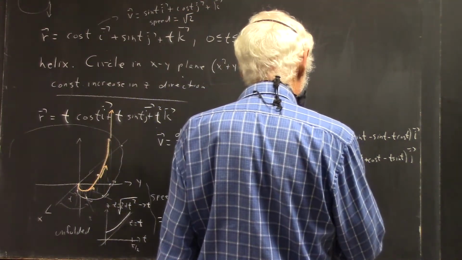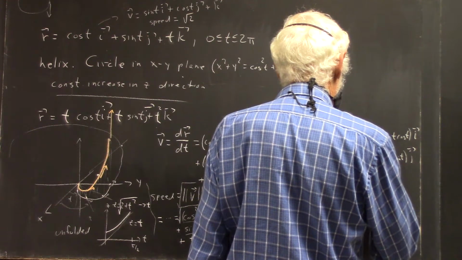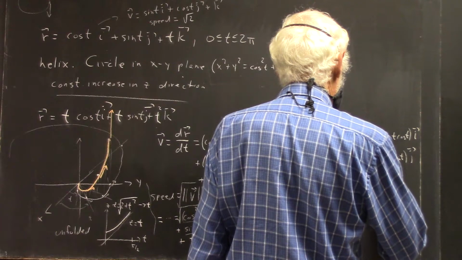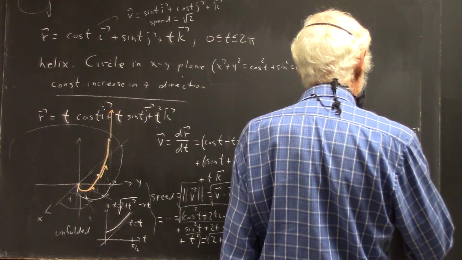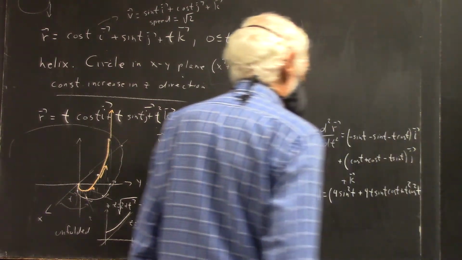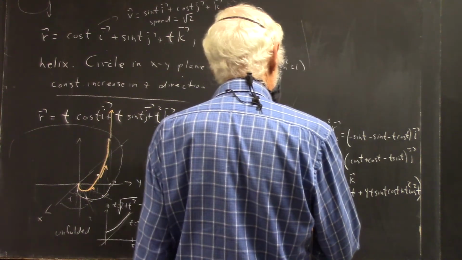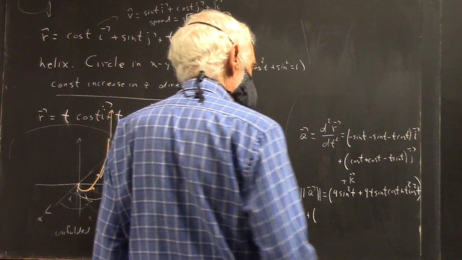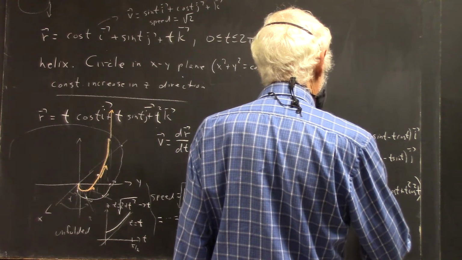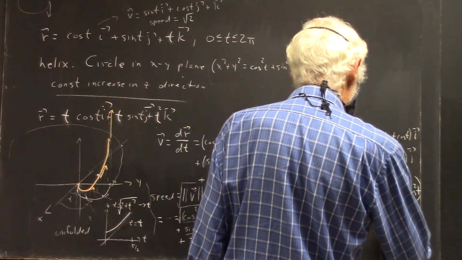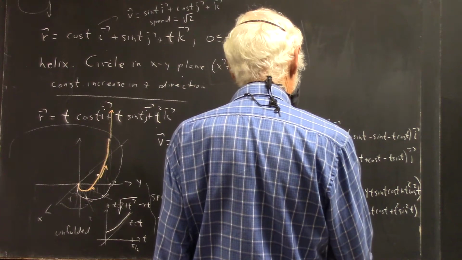Another way of looking at it. So anyhow, you're going to end up with 4 sine squared t plus 4 t sine t cosine t, and then, got to write it cramped up there a little bit, plus t squared cosine squared t, that quantity, plus kind of the dual quantity here, which will be 4 cosine squared t minus 4t sine t cosine t plus t squared sine squared t plus 1.